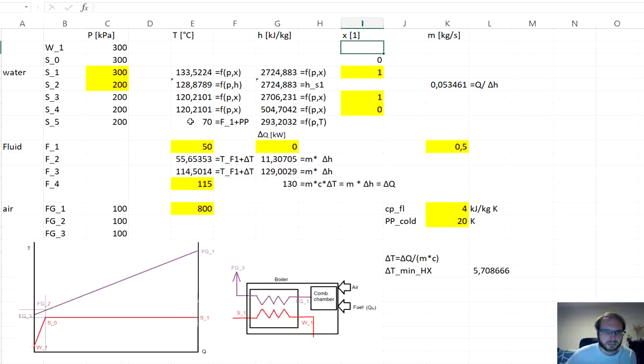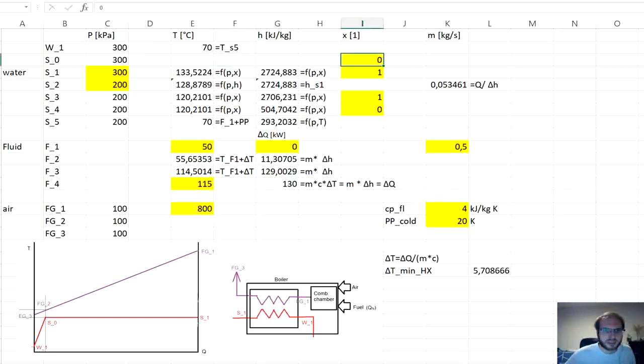So it will be at the temperature where it's exiting the heat exchanger which it's heating, so it will be this 70 degrees C. The temperature at the point W1 will be the same as the temperature at point S5, because we consider that there is a closed system.